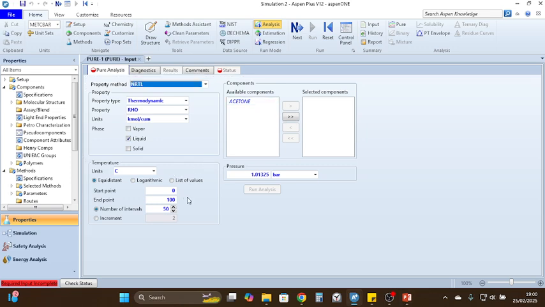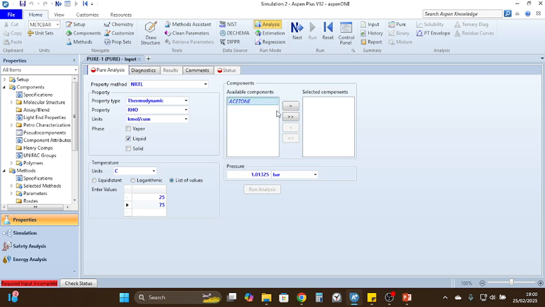Now there are two ways which we can do, that is equidistant, that is we can see the variation of the density across a temperature, or we can just give the specific values of the temperature that we want to calculate. So if we want to see list of values, then the temperature is 25 degrees Celsius and then 75 degrees Celsius.